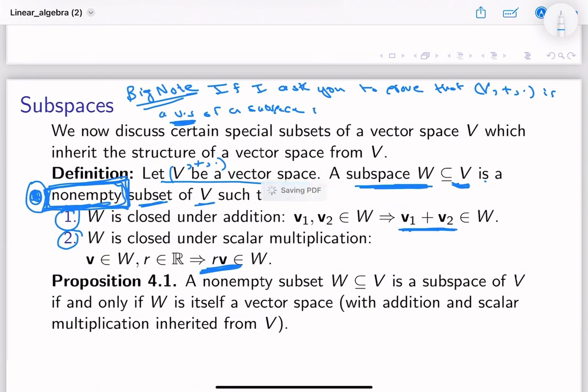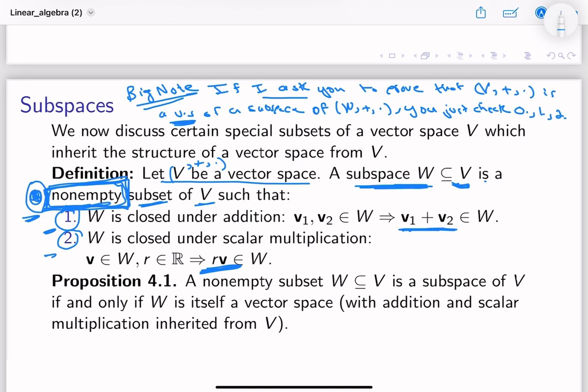Let me just restate what I said. If I ask you to prove that V is a vector space or a subspace of omega with plus and dot, you just check properties 0, 1, and 2.